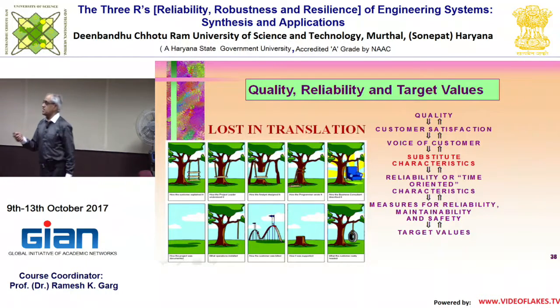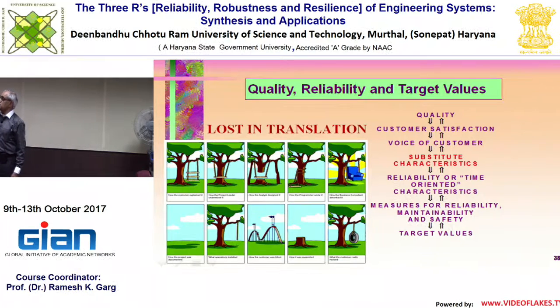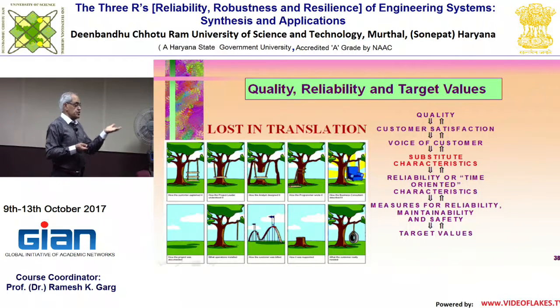So the idea is that anytime you look at happiness of the customer, there are many substitutes, and engineers are always working on the substitutes. And our hope is that we have good substitutes. So we mentioned that most quality and reliability problems are because we are not able to translate your needs into my design.